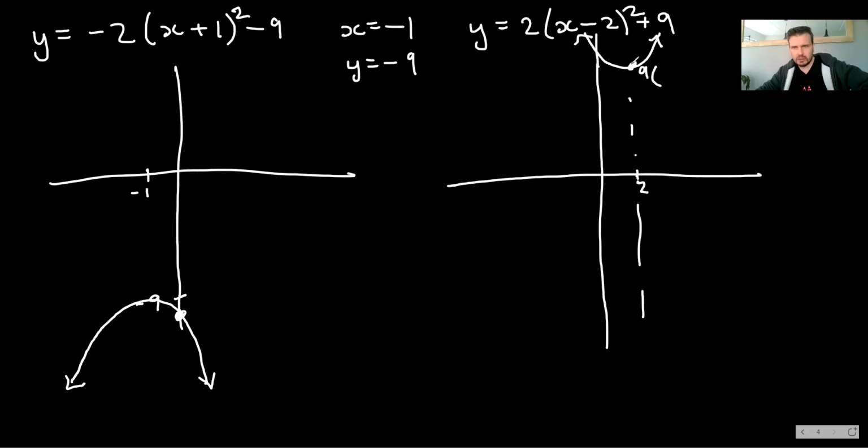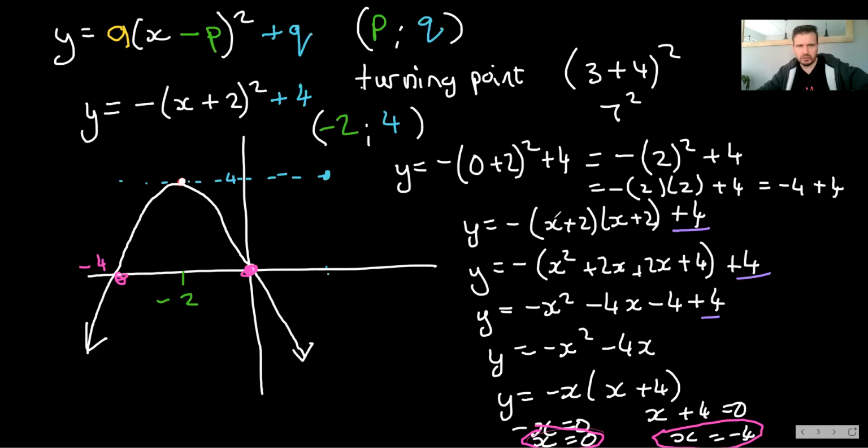So see, this is 2 and 9. So here I drew it through the origin over here. Yeah. Oh, so I'm only worried about the turning point.